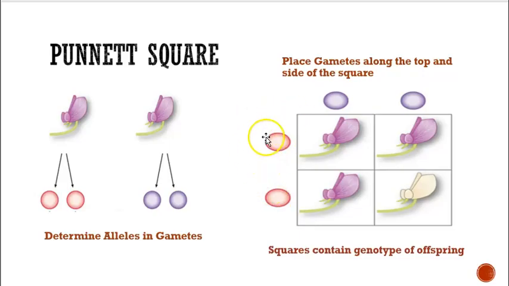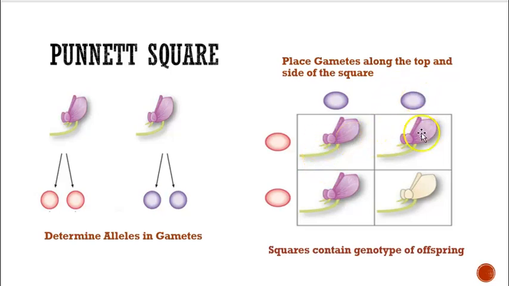And then you say, well, what would happen if this gamete was fertilized by this one? What would be the allele combination, right? This gamete carries this allele, this gamete carries this one. We combine them together, and it would produce this individual, this genotype, and therefore this particular phenotype.